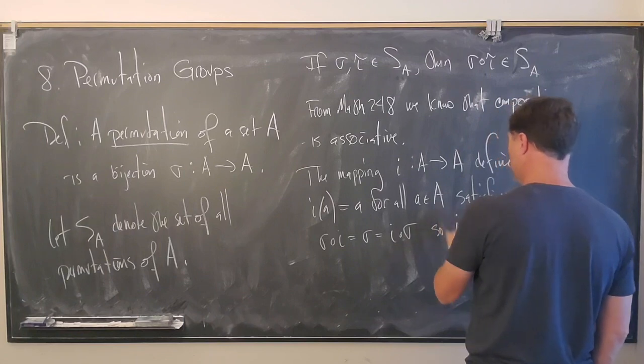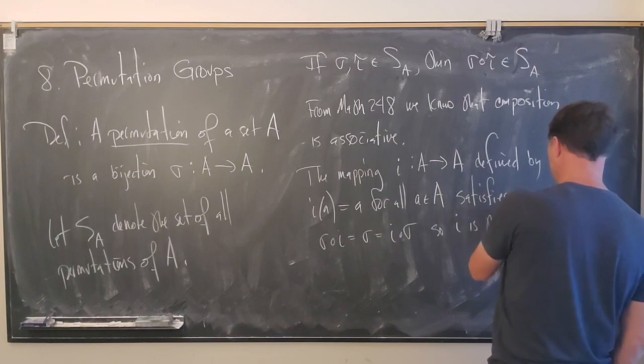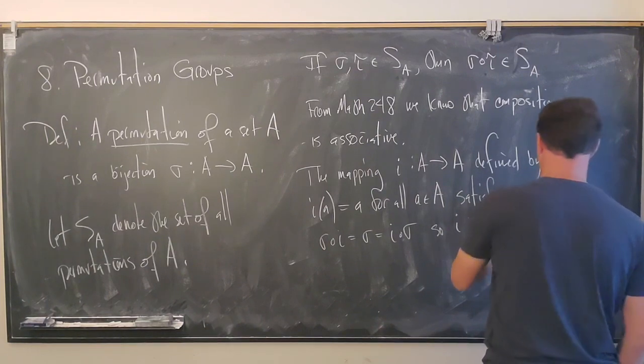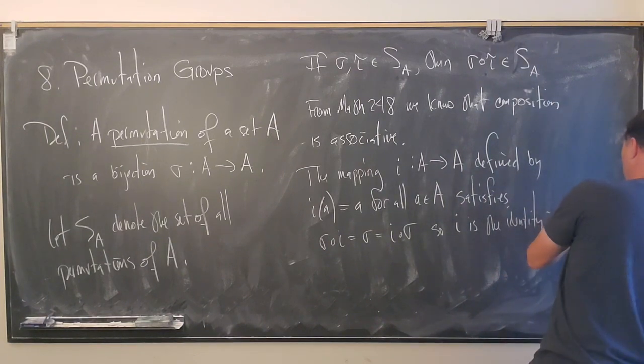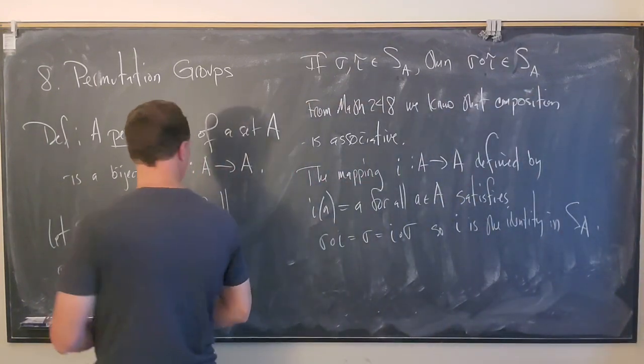So little i is the identity in S sub A. The last thing, we need inverses.